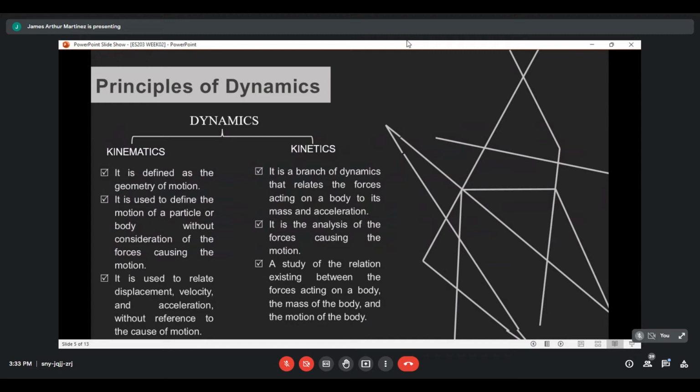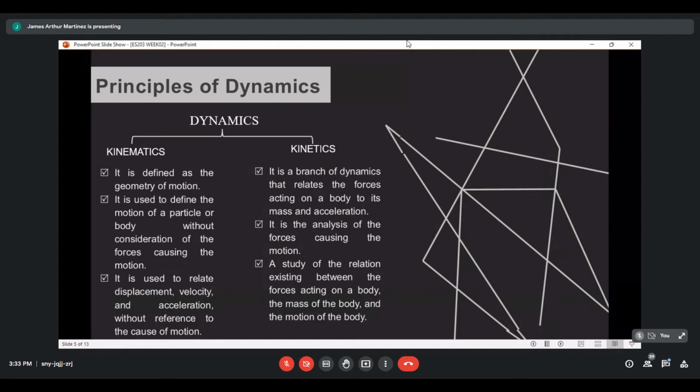So from this definition, you can conclude that kinetics is actually based on Newton's laws of motion, especially his second law of motion. If you recall from physics, we have three laws of motion by Newton. Originally, the inspiration for Newton was Galileo.